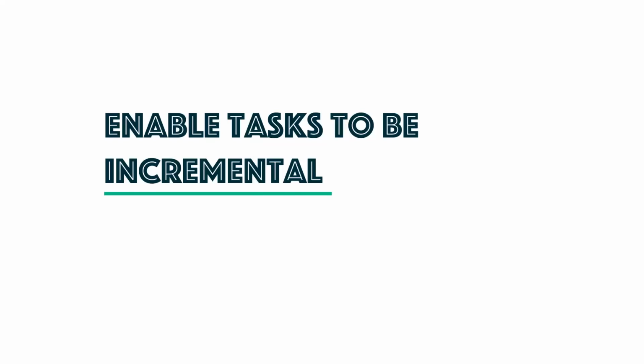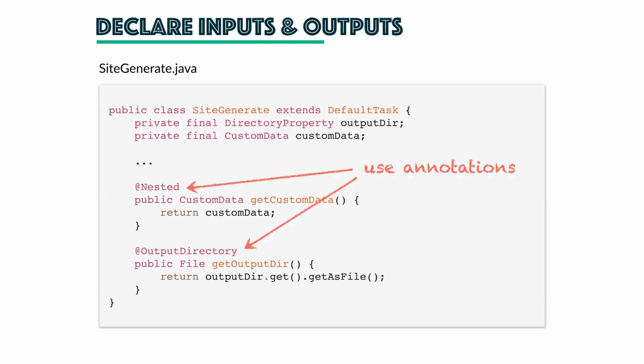And it's a built-in capability that we get out of the box. It has been around for quite a long time, but if you write custom tasks as part of your plugins, then make sure that you enable those tasks to be incremental. So let's have a look at one example here.